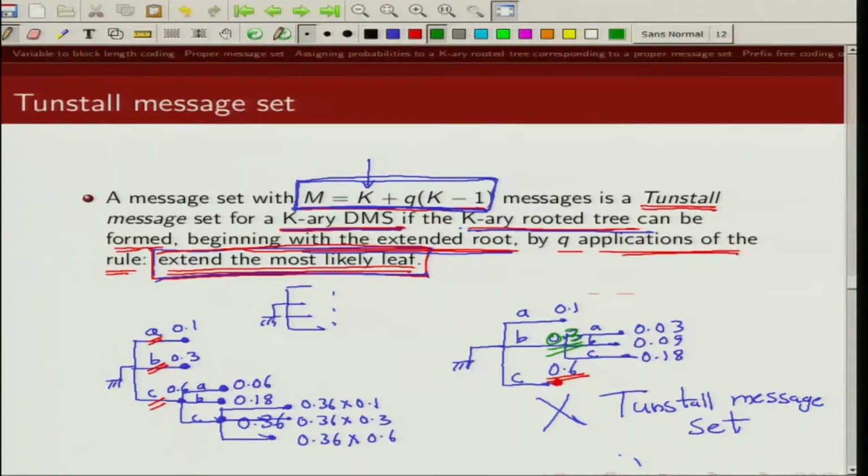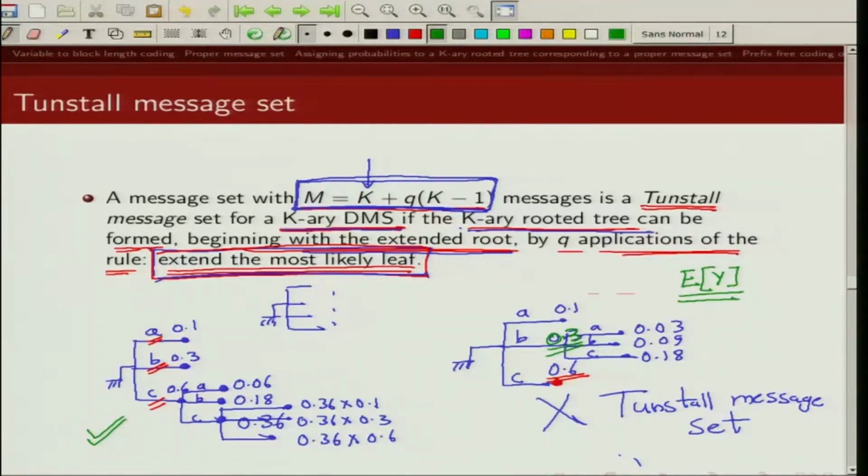So this is not a Tunstall message set, whereas this is a Tunstall message set. Now you can see easily why Tunstall message set maximizes the expected value of Y, because that's our objective. We want to parse the message in a fashion which would maximize the expected value of Y.